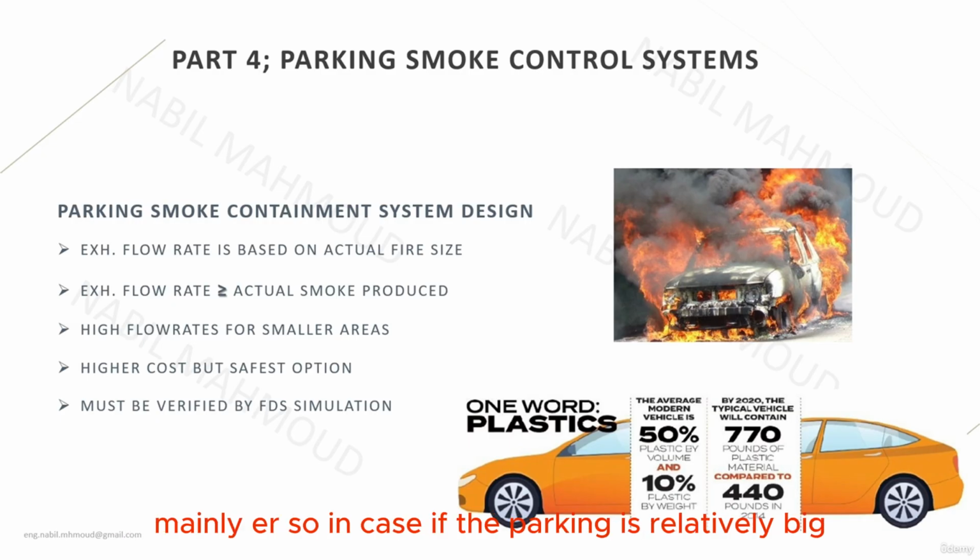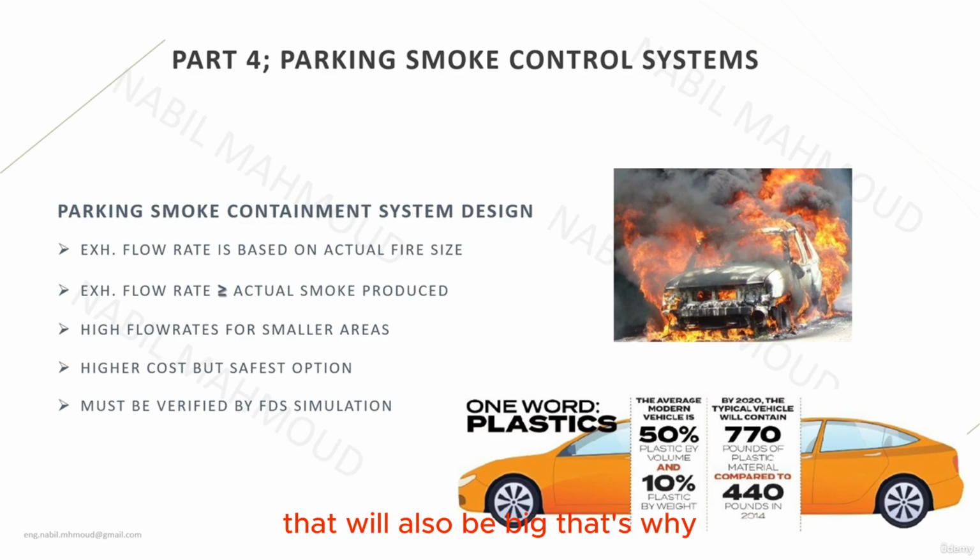So if the parking is relatively big, the volume will also be big, which will reflect on the total amount of airflow required, that will also be big. That's why the smoke management system is not the most accurate system to predict the exhaust flow rate of the smoke management or the smoke control fan.